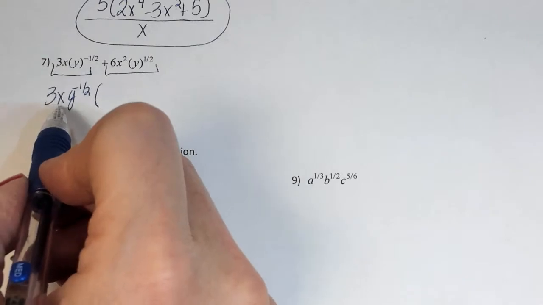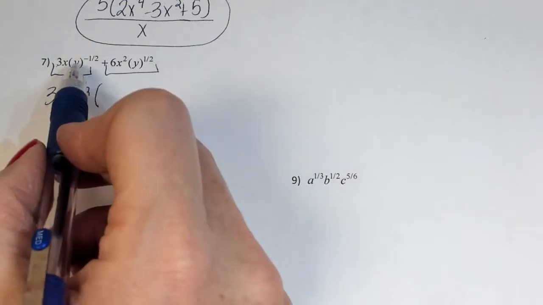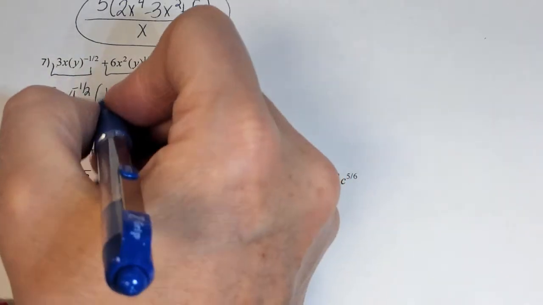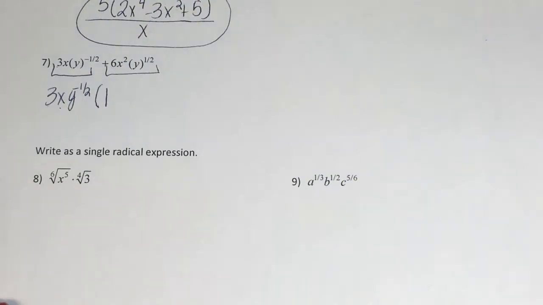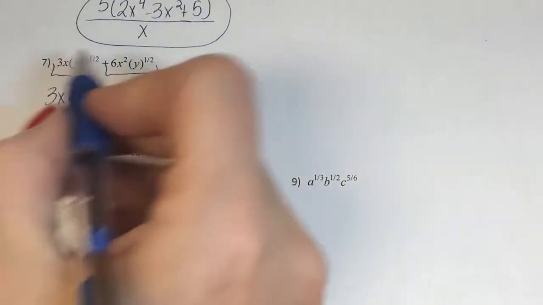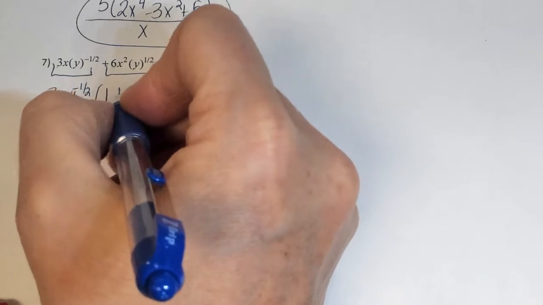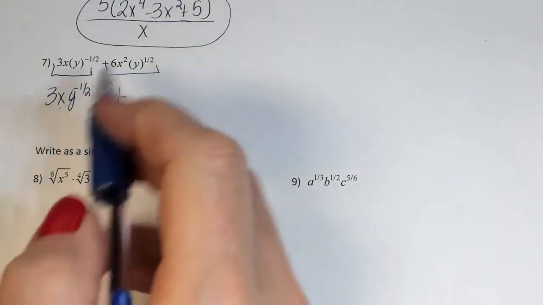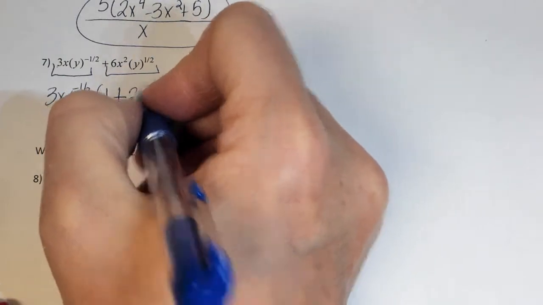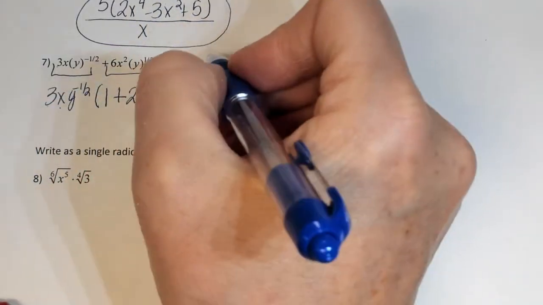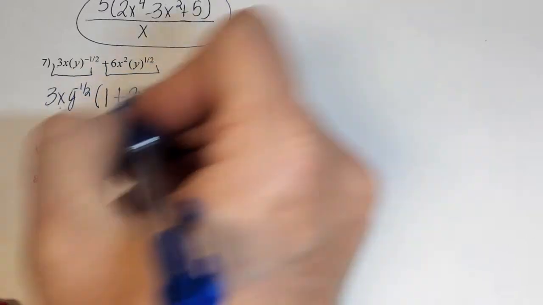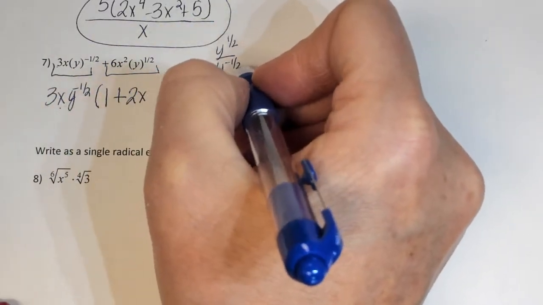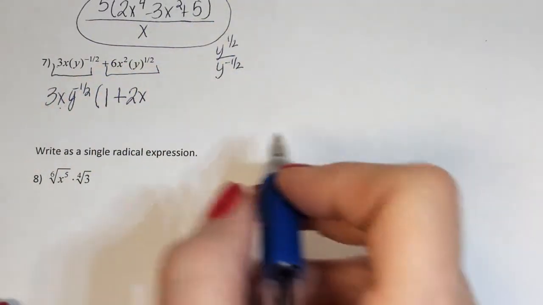So I'm doing 3x divided by 3x. That's 1. This divided by this is also 1. You have to write the number 1 there. Then you have to put a plus. 6x squared divided by 3x. That's 2x. And then what's y to the 1/2 divided by y to the negative 1/2? It's just y, isn't it?